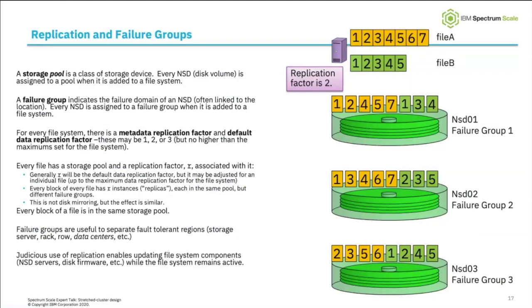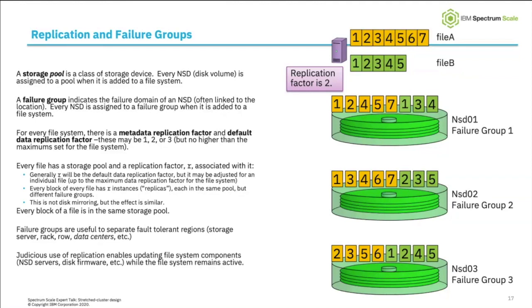And second, there is the notion of failure group, disk volumes that may fail together. In other words, are in the same failure domain, are assigned to the same failure group when they become part of a file system. NSDs that have independent failure modes from each other should be assigned to different failure groups, even though they may actually have the same storage class and be in the same storage pool.